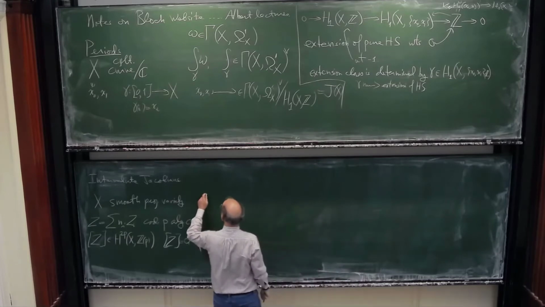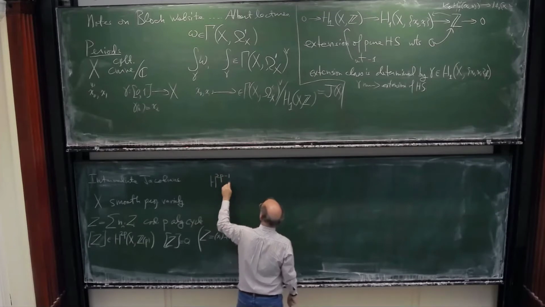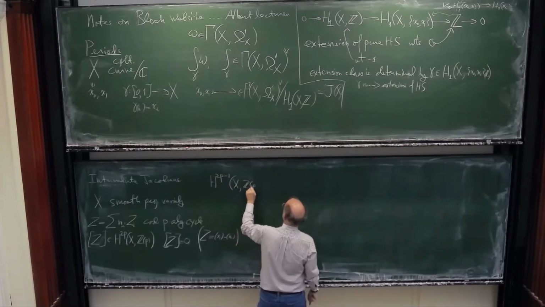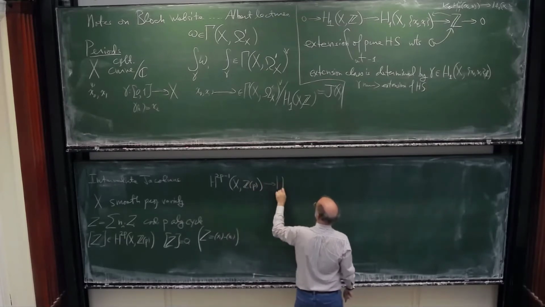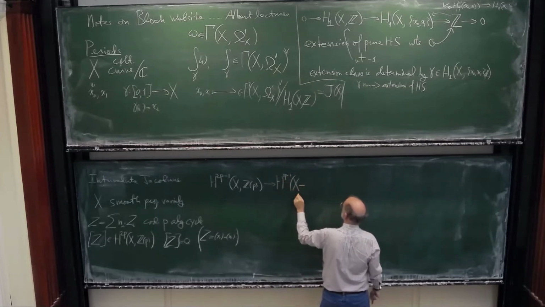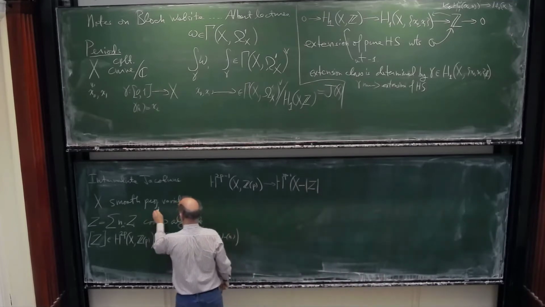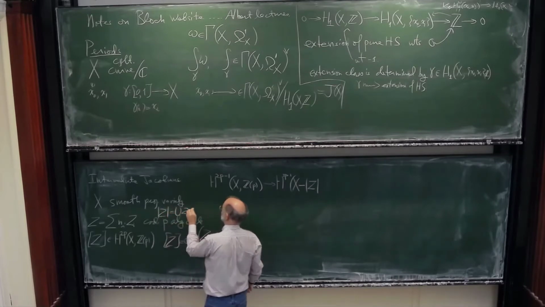And it goes like this. If we look at H^{2p-1} of X, Z(p), and then we go to H^{2p-1} of X minus the support of Z. So I write the support of Z, which is simply the union of the Z_i's.